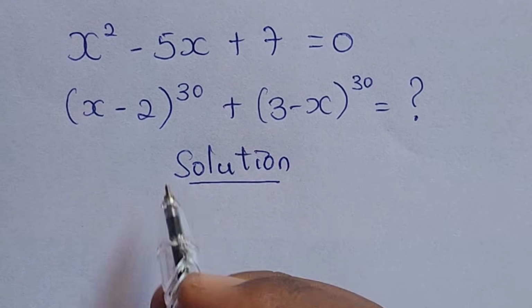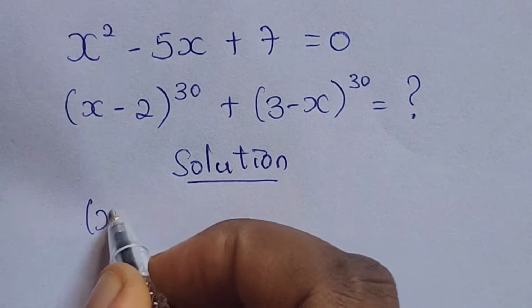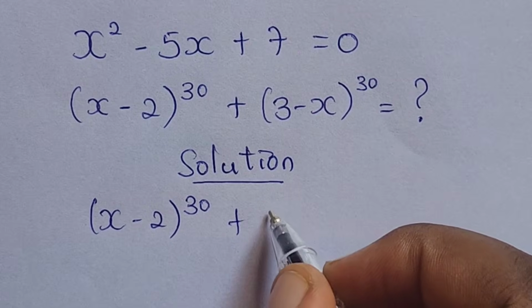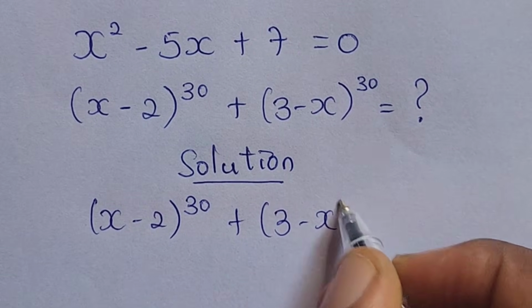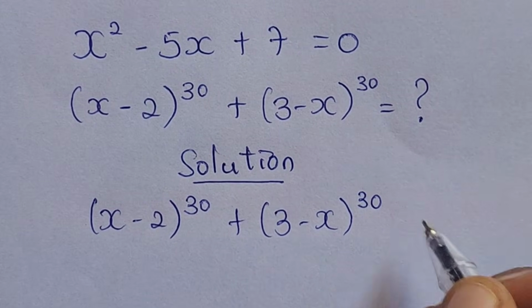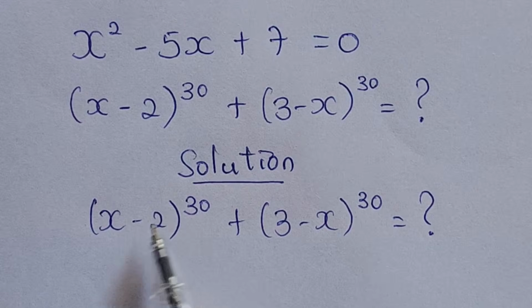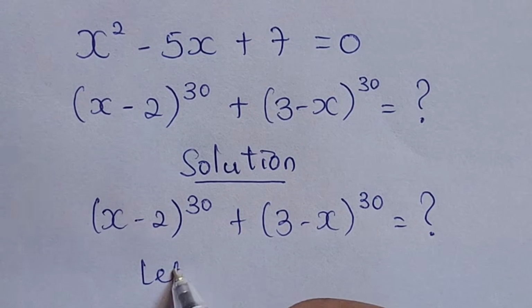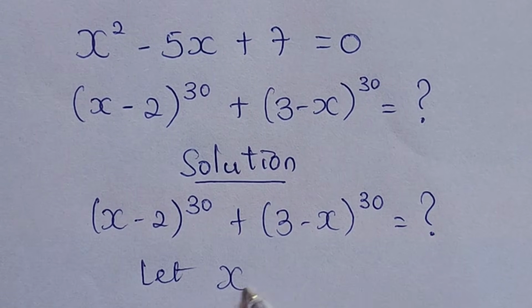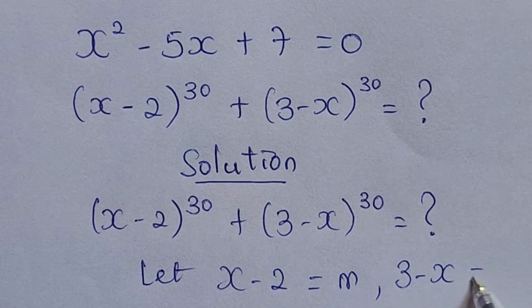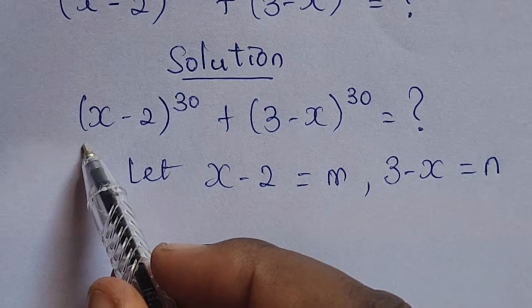let's start with the unknown expression, which is (x minus 2) to the power of 30 plus (3 minus x) to the power of 30. So this is the expression we are looking for. From here, let x minus 2 be equal to m and 3 minus x be equal to n.